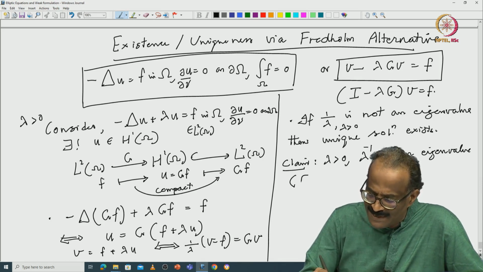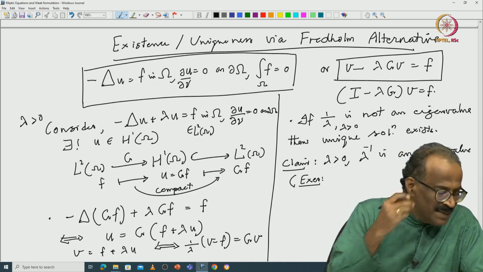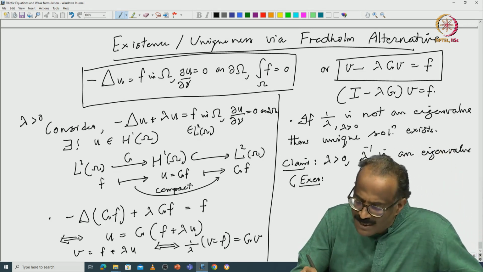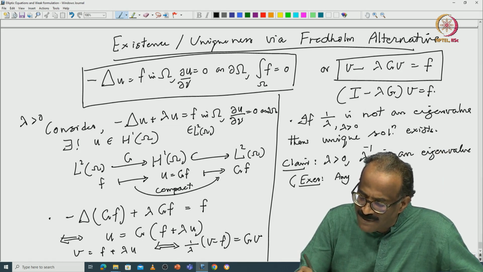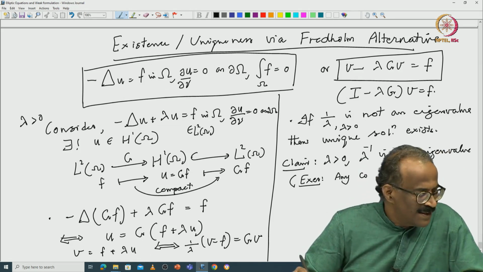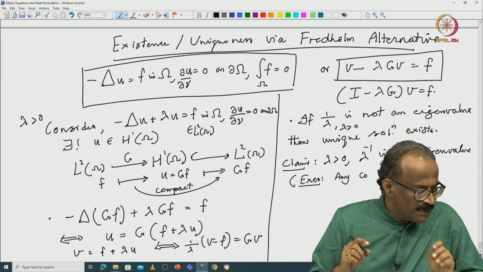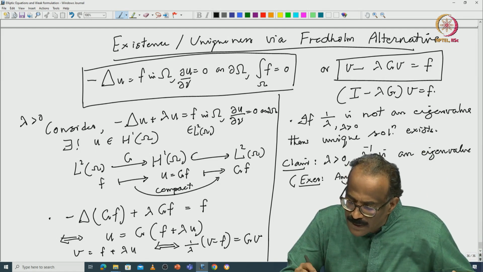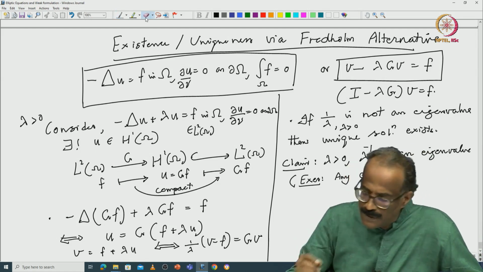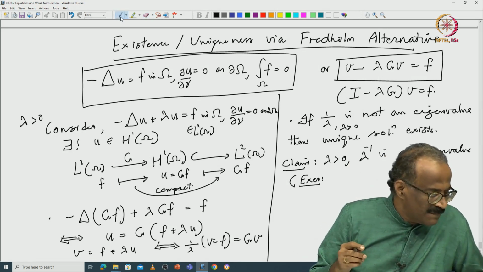Immediately you can see that it is not an exercise, but I would like you to realize yourself immediately. Any constant you take, any constant is an eigenvector. You can choose the constant here, okay. You take f equal to a constant, constants are eigenvectors, okay.